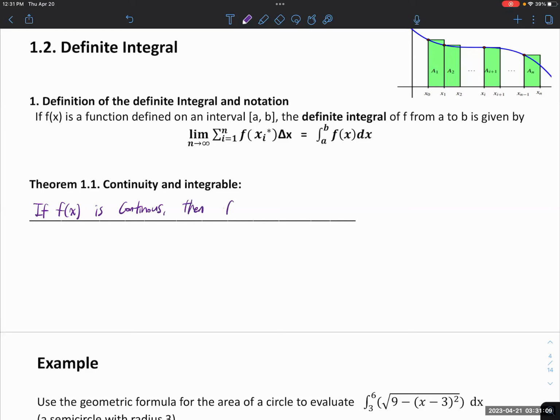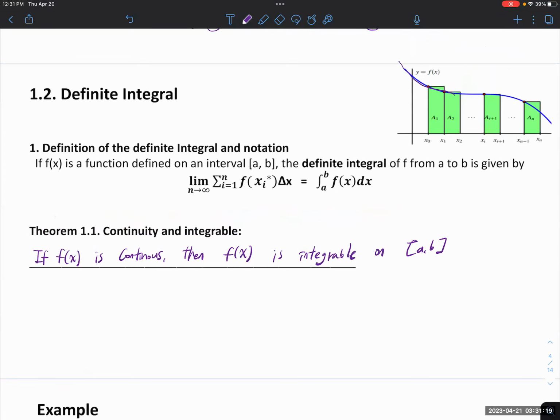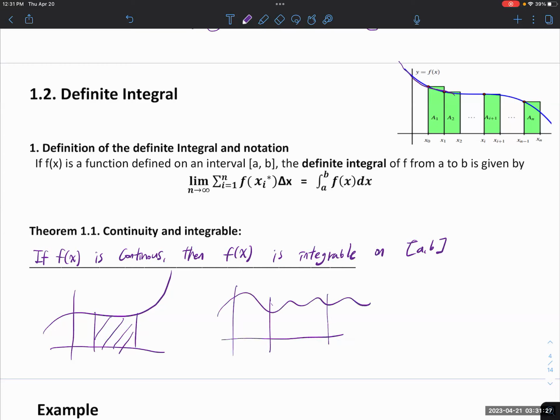Then the function is integrable on A to B. What that means is, if you're given a function like this type of function and you want to find the area, or sometimes a function with an up and down shape and you want to find the area, the goal is the same: you're going to find the area under the curve. But the function that you have must be a continuous function, which means there's no break and no hole.